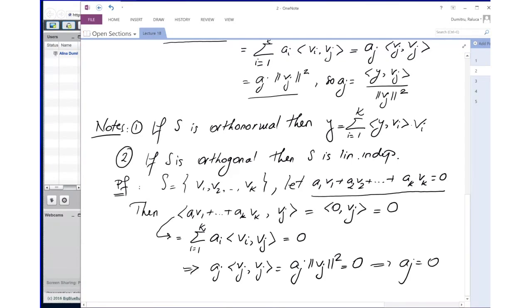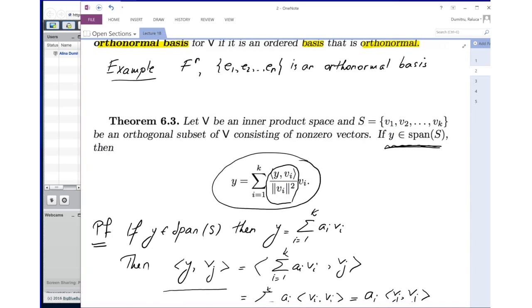I think I'm going to retrace everything back and reformulate what I want to say. Go back and say that it's an orthogonal set containing non-zero vectors. Why should I assume this? The same in the theorem above, actually.